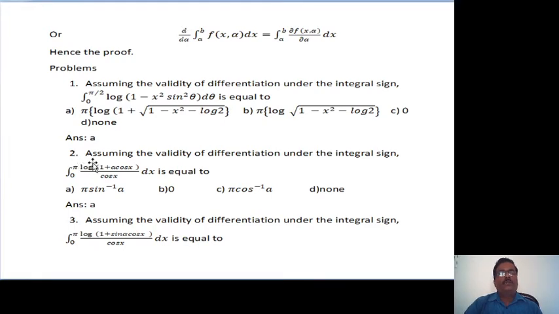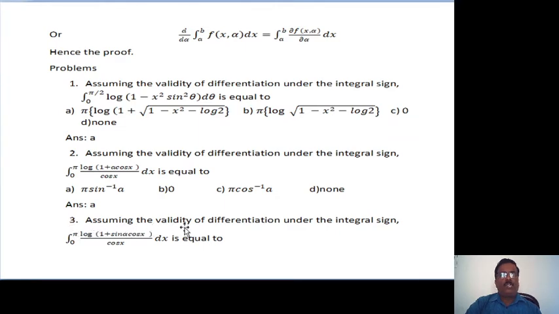Next, second one: assuming the validity of differentiation under the integral sign, integration from 0 to pi of log of 1 plus a cos x divided by cos x dx is equal to, the first option is this one, this is the second option, then this is the third option, and the fourth option is none. So find the correct answer by solving the problem.